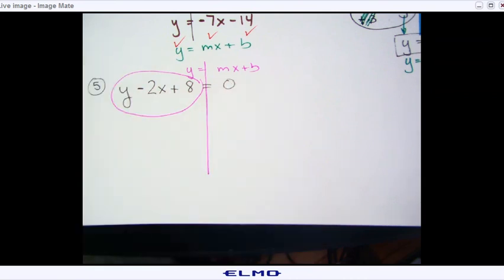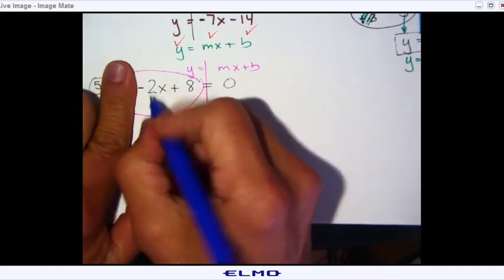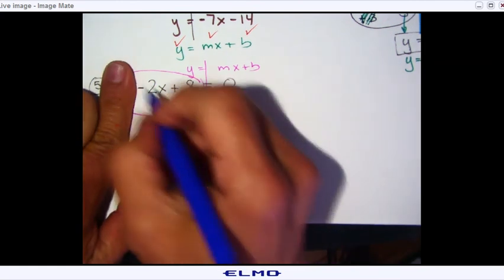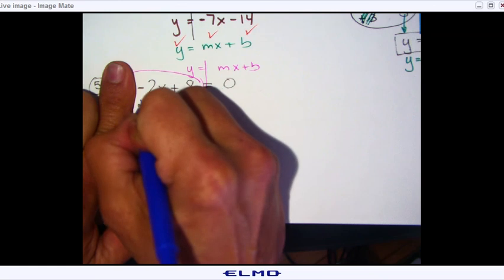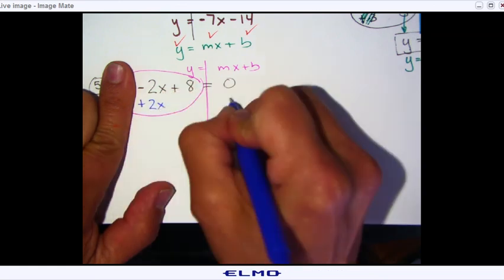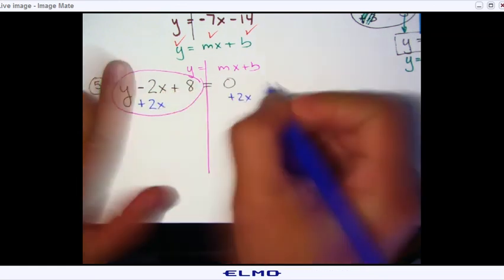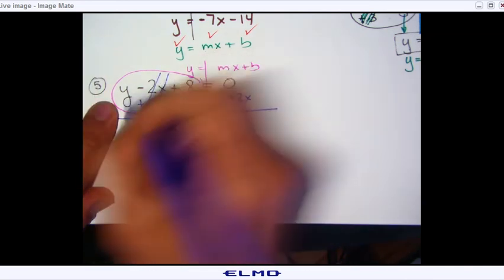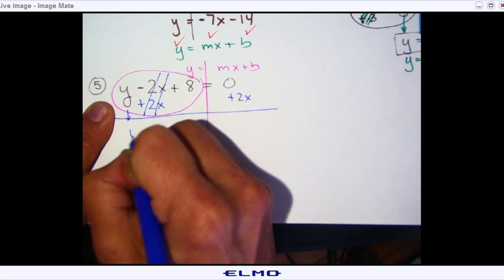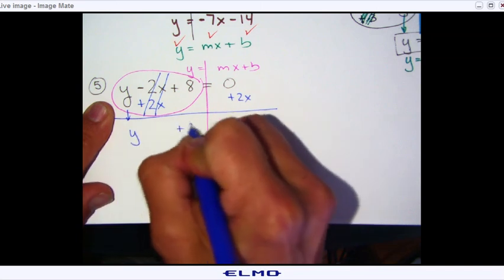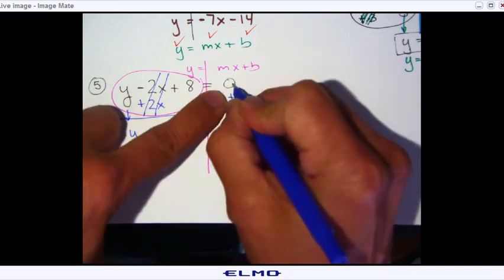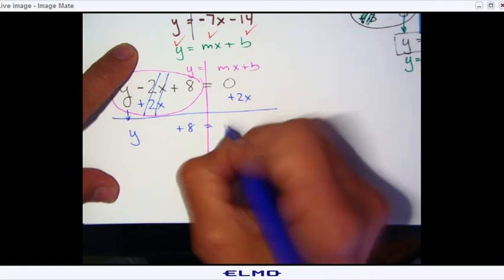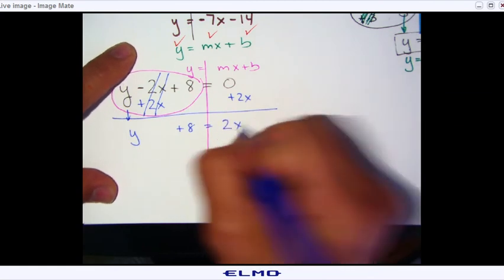Let's just do one at a time. I got to make it a 0 by adding 2x to both sides. All right, then we draw the line. That's your 0. So let's drop everything. Y plus 8 equals, well, 0 plus 2x is just 2x. You don't need the 0 anymore.